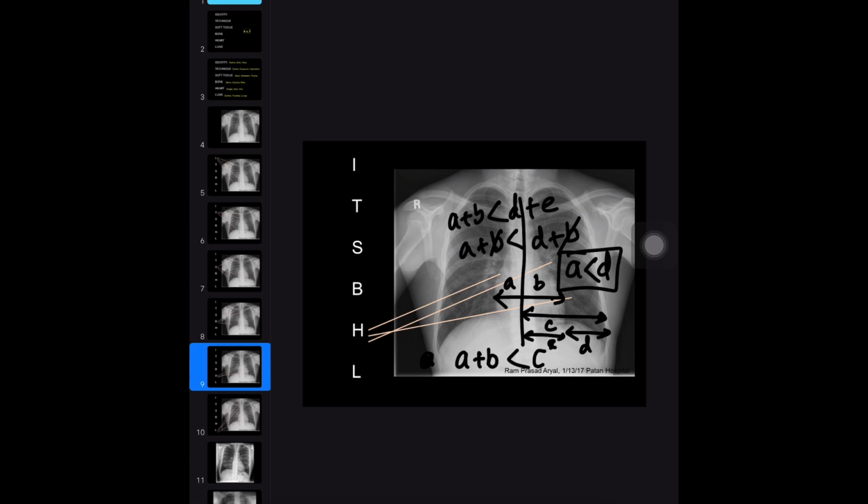So when you get the x-ray, you just see the A and D, okay. Get one middle point, and then see whether the diameter from here to here is greater or lesser than this diameter.